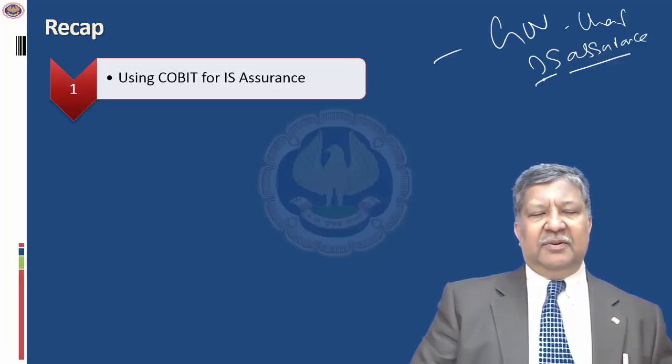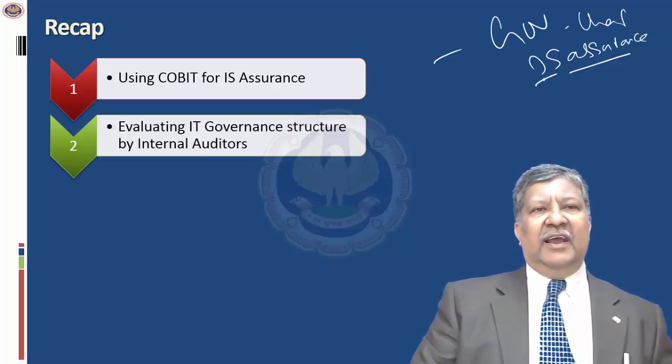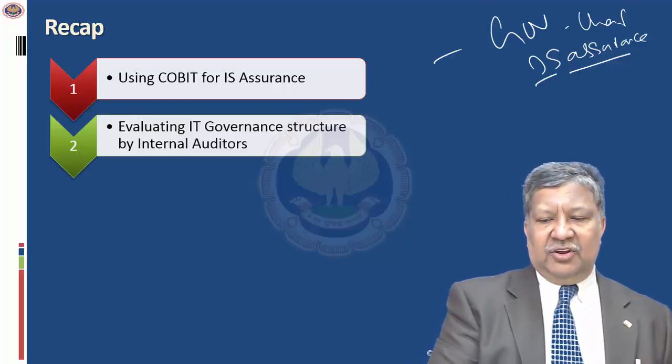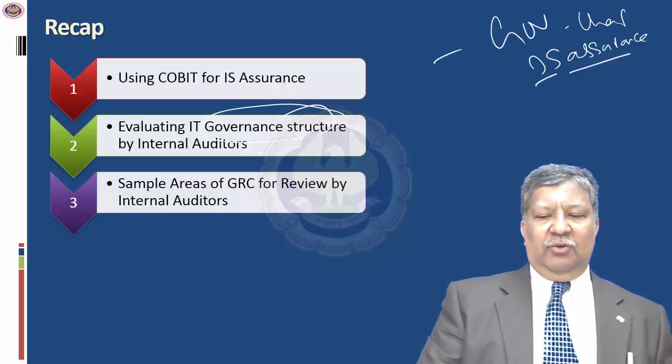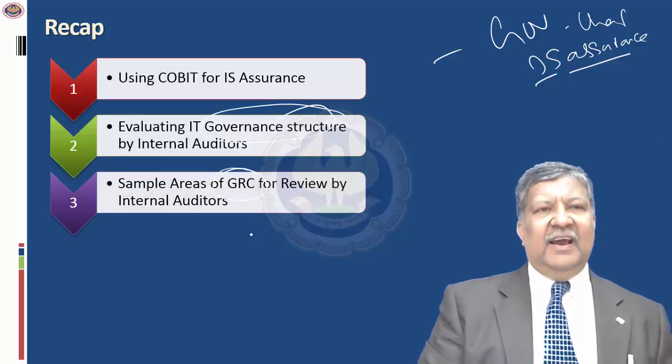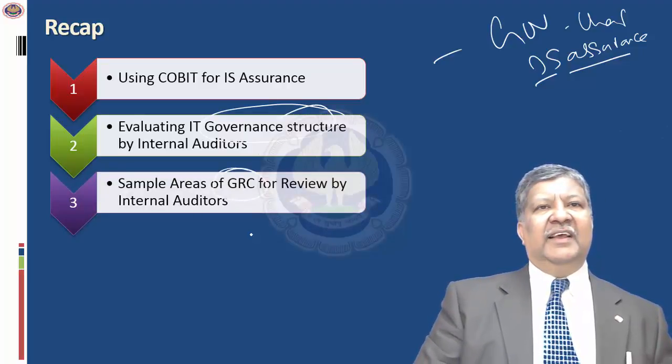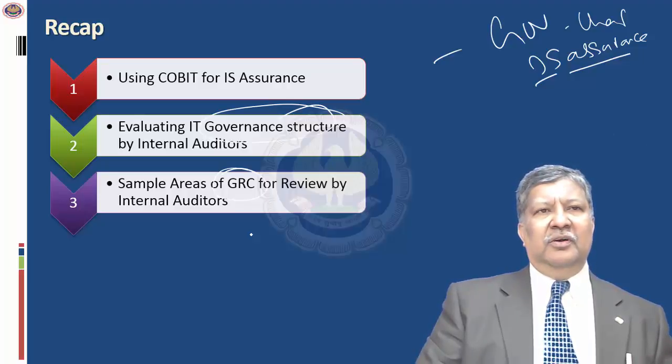In the first part of this presentation, we looked at using COBIT for IS assurance, how you can customize and adopt from COBIT. We also looked at evaluating the IT governance structure using COBIT. And we also saw that if you have to do a GRC review, what are the areas of scope which we have to identify from an internal audit point of view.